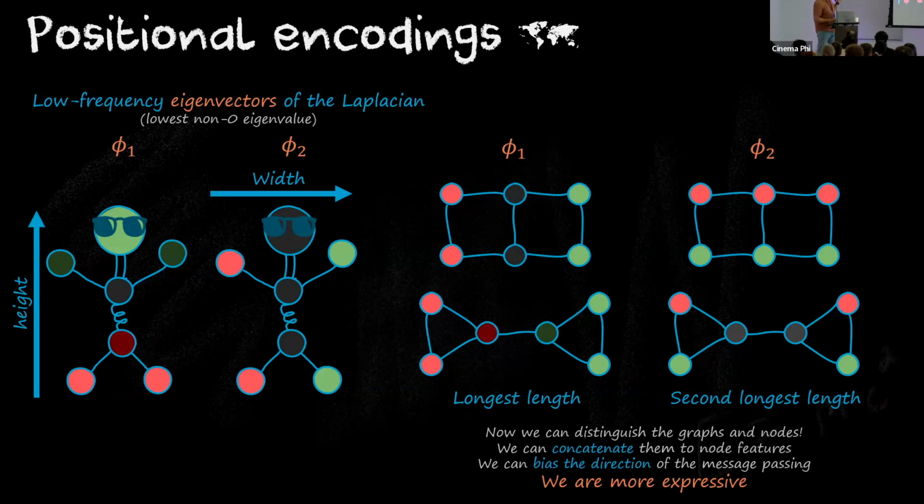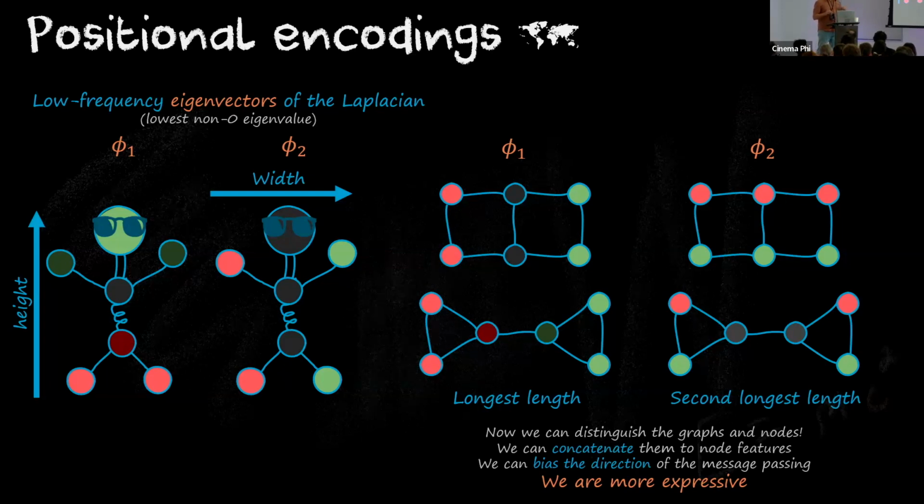Another way is to use that to bias the weights by which the message gets passed into the neural network. I will not go into details, but you can really imagine how this can be used to bias the attention or to bias the message passing that happens. And this allows the network to be more expressive.